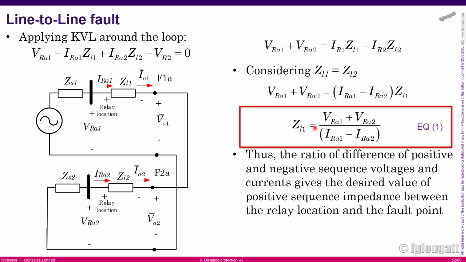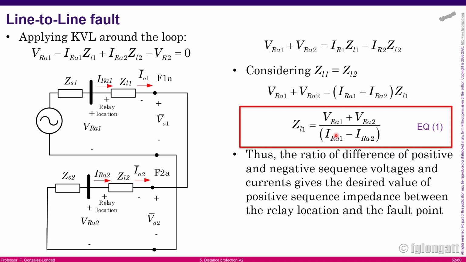ZL, as you can see, is the ratio between the sum of the positive and negative voltage divided by the difference of positive and negative current at the relay location. In this case, we are getting the ratio between voltages and current that defines impedance.